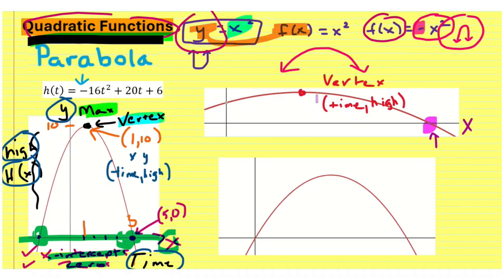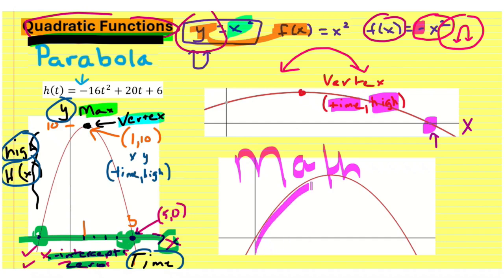In real life, we've got this object flying, and we're going to be able to tell how high our object is and at what time it got to that height. So hopefully this helps you start understanding how the real life situations are related to the math. This page right here is about the math understanding of quadratic functions and how it relates to these parabolic shapes.